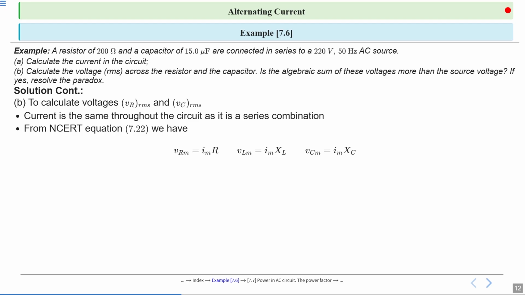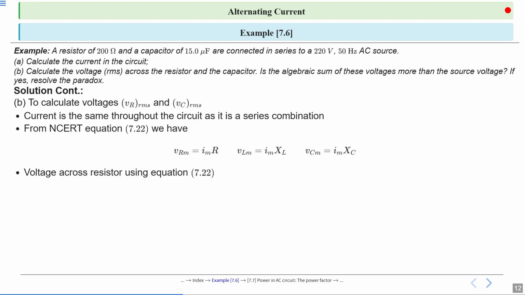What is the relation between RMS value and maximum value? VRM is equal to root 2 VRMS, or VRMS is equal to VRM upon root 2. After putting VRM equal to root 2 VRMS and IM equal to root 2 IRMS, root 2 from both sides will get cancelled out. It will become VRRMS equal to IRMS R. Similar for the other expressions also. So they will be identical, only maximum value will convert to RMS value.